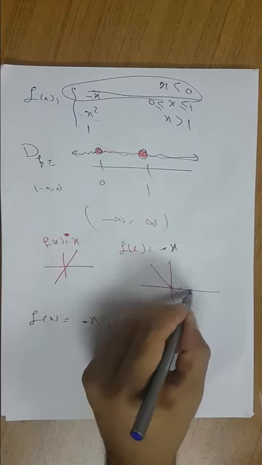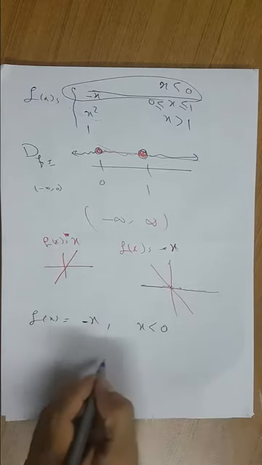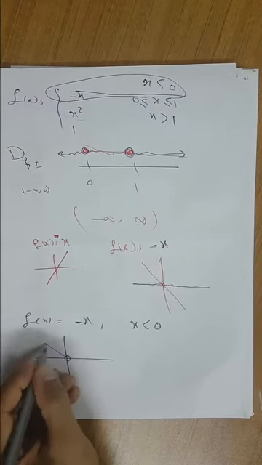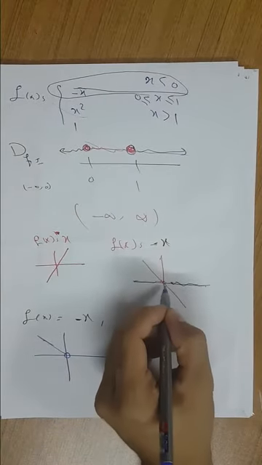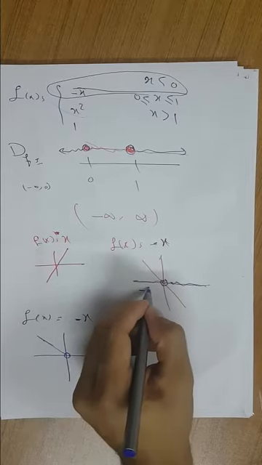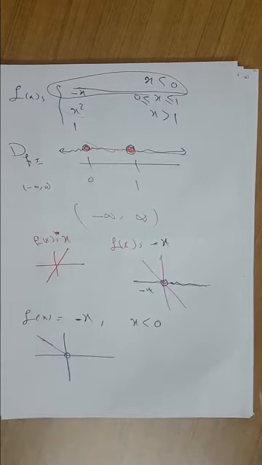Here's positive, more than 0. Here's less than 0. So in that case, please delete this part. Why? Because here's more than 0. Here's the 0. So this one is less than 0. That's why we just erase all that part.